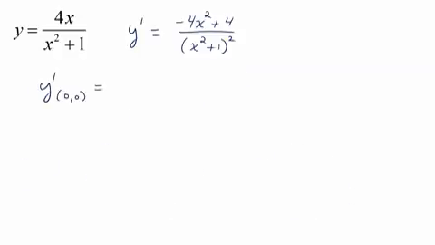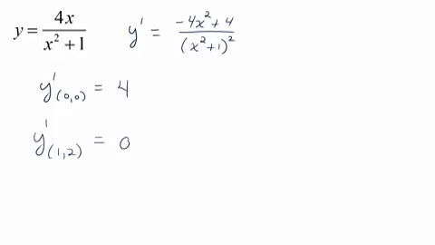Now let's use our derivative to find the slopes of the tangent lines. We have an expression for y prime, so now we'll find the slope of the tangent line at the point (0, 0) by substituting 0 in for x in the derivative. For (0, 0), y prime gives us a value of positive 4, and evaluating y prime at the point (1, 2), meaning we'll let x equal 1, plugging x equals 1 into our derivative gives us a slope of 0.